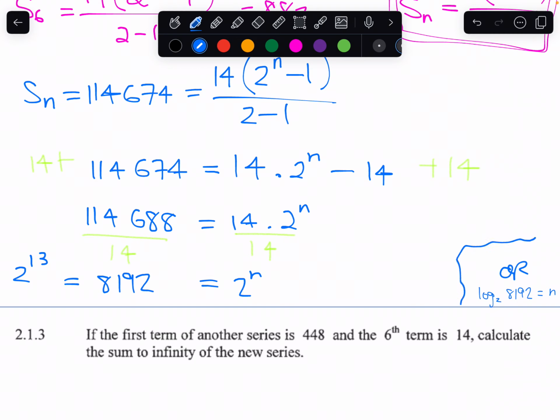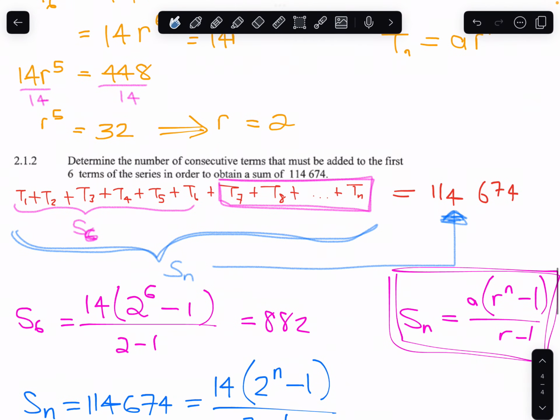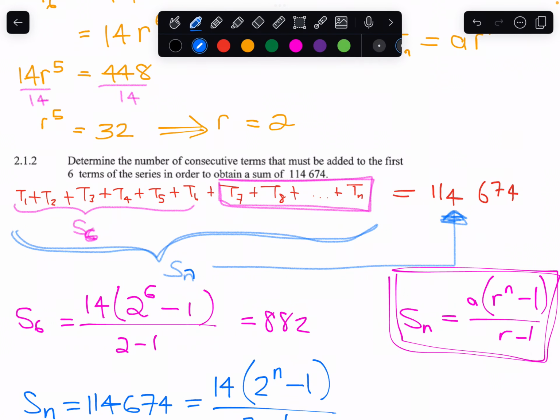Okay, anyway, so both ways we arrive at n being equal to 13. So what do we now know? We now know that this is 13, right? So 13 terms add up to this number. And the question says, how many consecutive terms must be added to the first 6 terms to get this total?